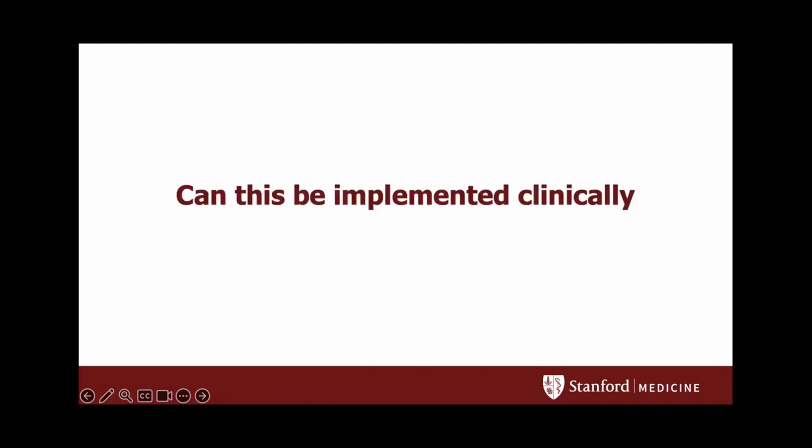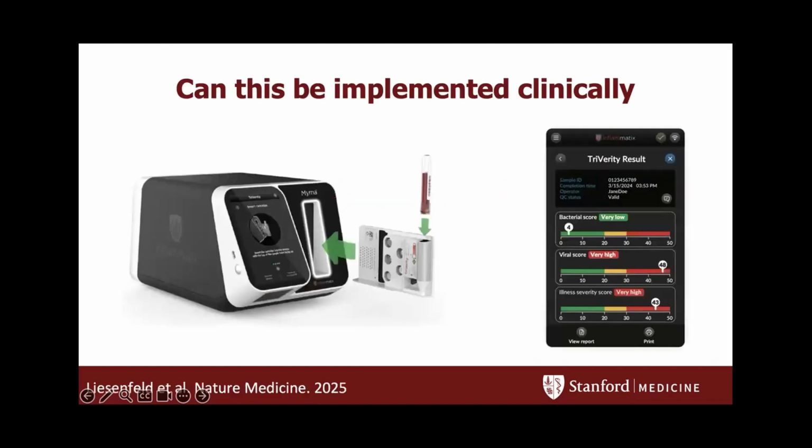Now, where the rubber really hits the road is, can this be implemented clinically? This is kind of where Pravesh's work over the last 10, 15 years really starts to hit the road. So Inflamatics, which is a spin-off company that Pravesh built about 9, 10 years ago, was recently FDA cleared for their Myrna device.